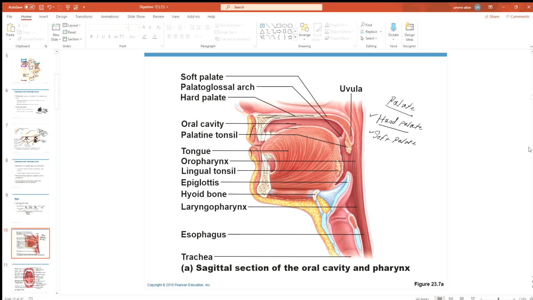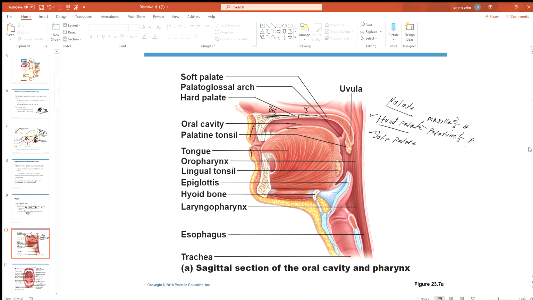Hard palate is formed by two bones, maxilla and palatine bone. Its name is palatine because it forms the palate. Maxilla forms anterior 2/3 part. If I divide this bony part into 2/3, anterior 2/3 is maxilla here, and posterior 1/3 is by palatine bone. Okay, so 2/3 anterior and 1/3 posterior.